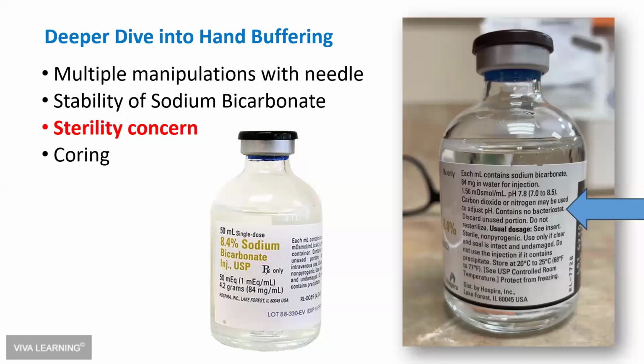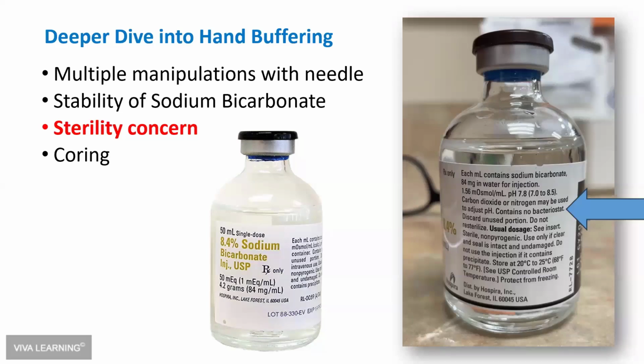They are single dose vials. They are not meant to be stored. They are not meant to be reused, putting a different needle in every single time. Again, I mentioned the idea of coring, but I'm concerned about the off-gassing of CO2, which means it won't be stable. It may not work very well over time. And then, because there's no bacteriostat, am I introducing bacteria every single time?